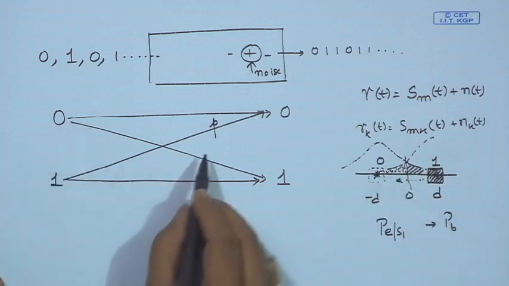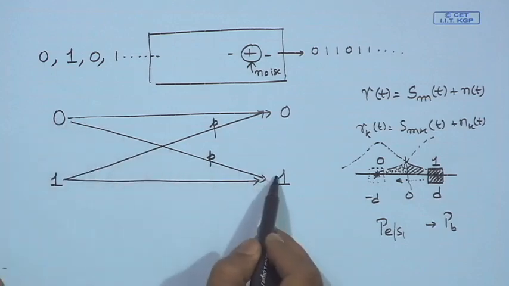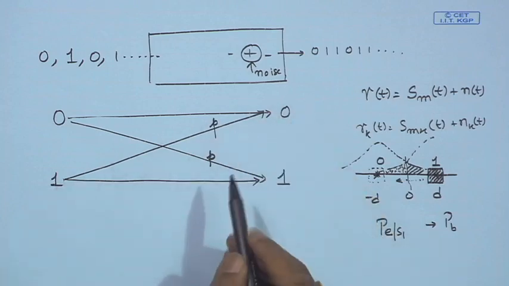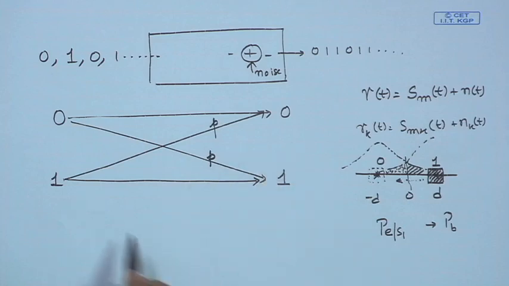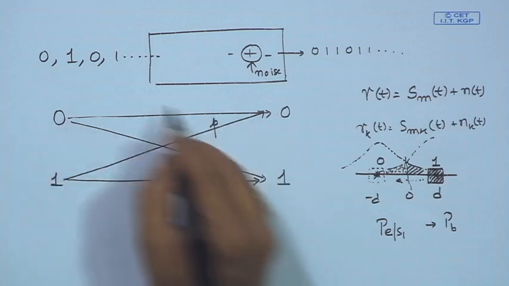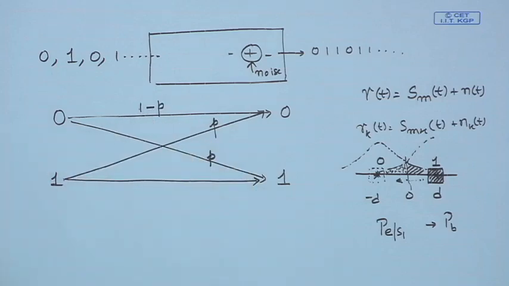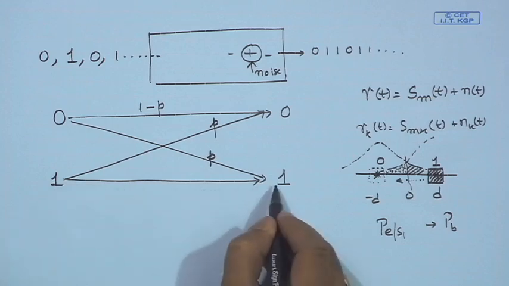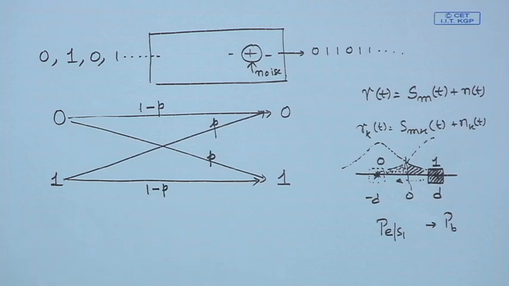So, probability of 0 becoming a 1 is p. Now, because of symmetry, 0 becoming 1 and 1 becoming 0, we have a symmetric channel. Because there is binary input, binary output, we have a binary symmetric channel. So, the probability of 0 remaining a 0 is 1 minus the probability of error, which is the probability of being correct. The probability of 1 remaining a 1 is 1 minus p.